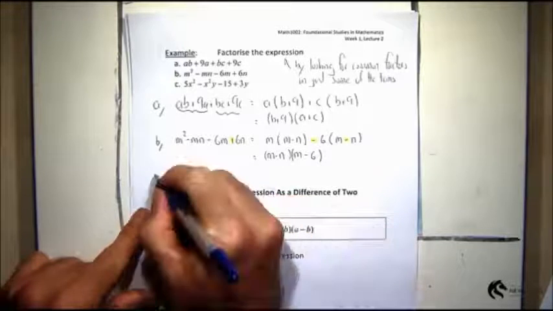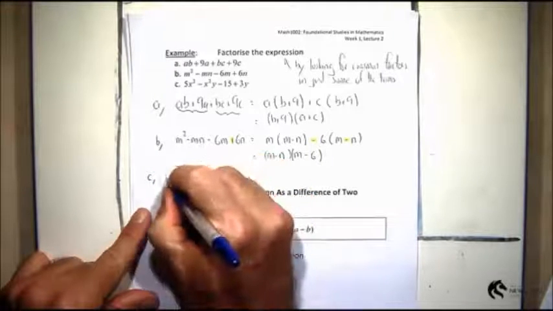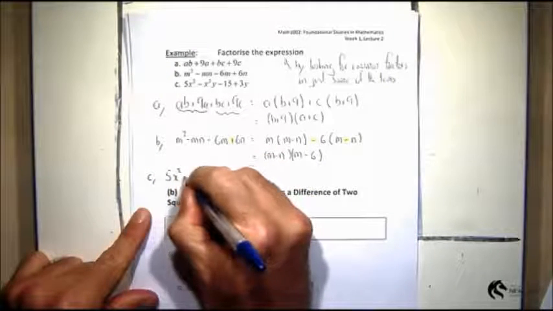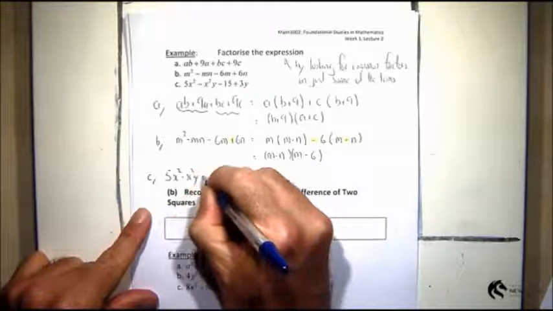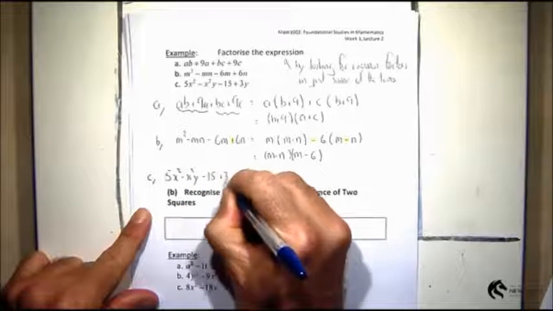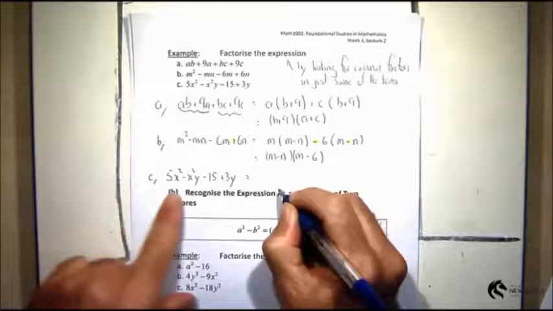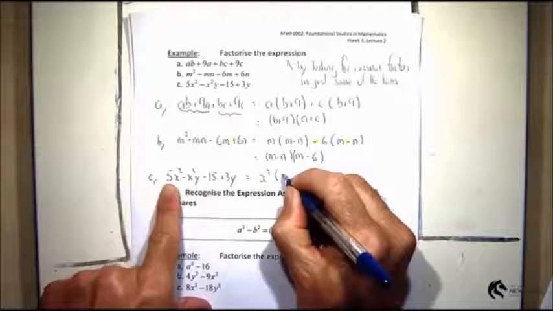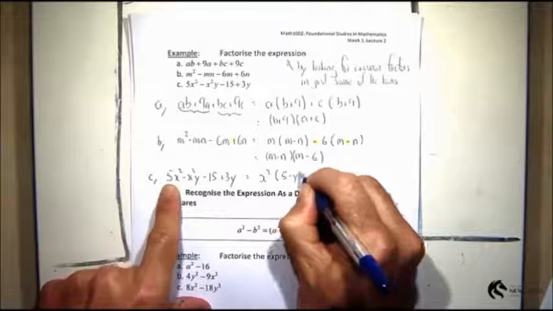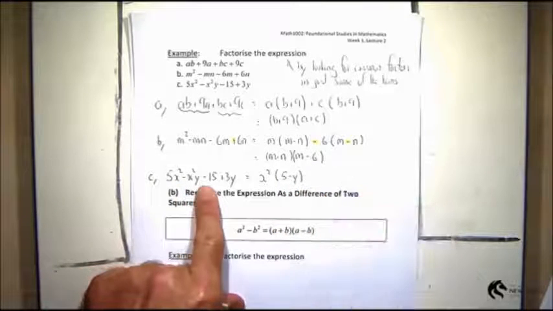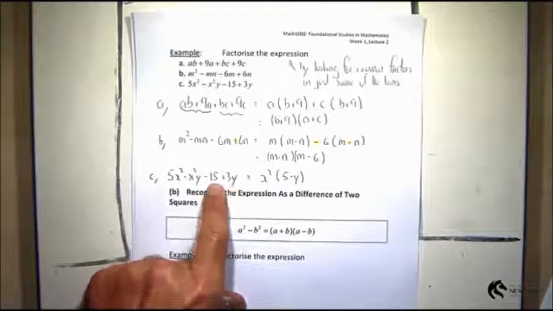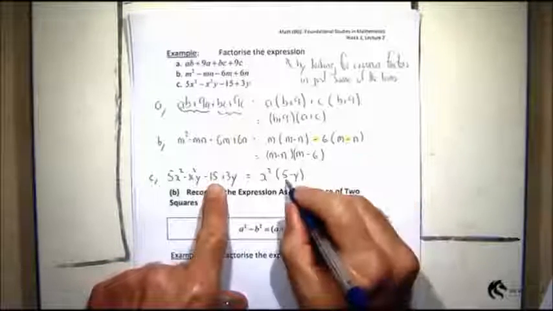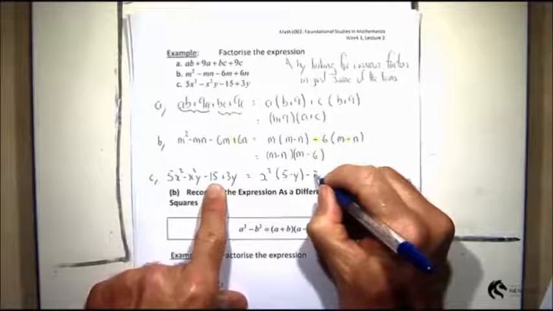So now let's try and do C. First 2 terms, I'll take x squared as common, and I'm left with 5 minus y. And in here I can see 3, I think, is going to work, and I want to be plus 5, so I'm going to take out minus 3.